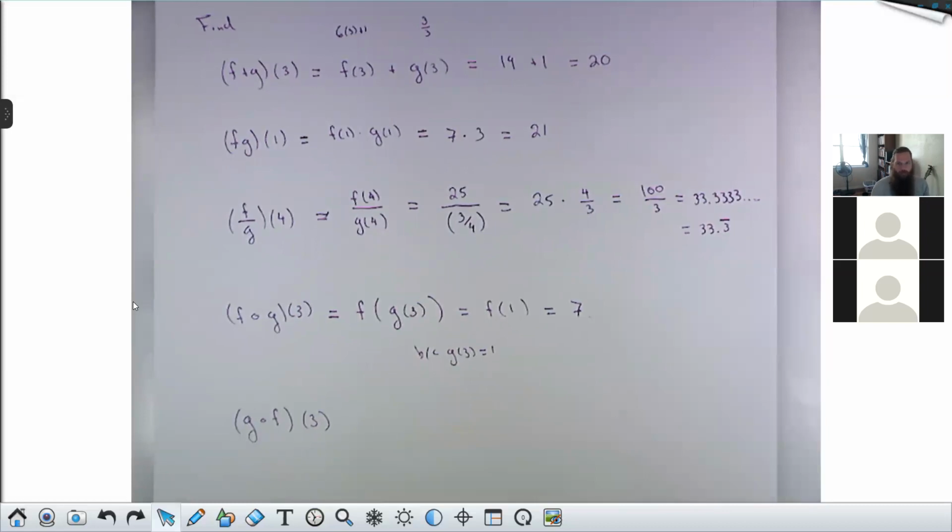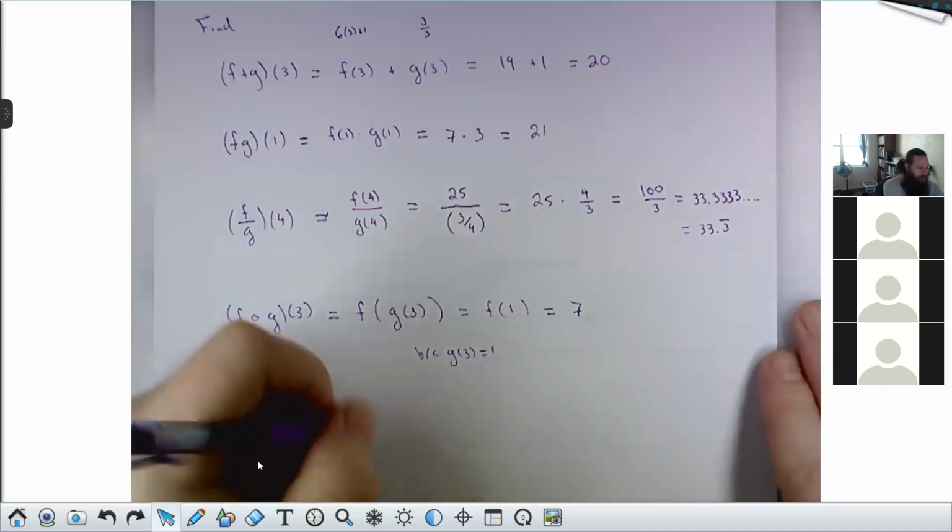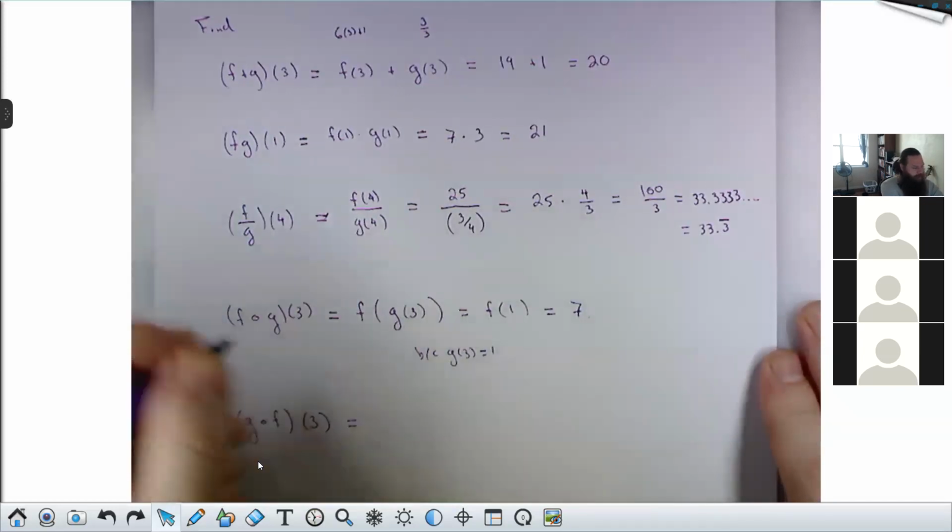Like 2 times 7 is the same as 7 times 2. Multiplication is commutative, addition is commutative, division is actually not commutative, meaning if you swap the numbers around in a fraction, you don't get the same thing. But what about function composition? Do we expect g of f of 3 to be the same as f of g of 3? No. Yeah, in general, function composition is not commutative, meaning when you change the order, we expect things to not necessarily stay the same. Let's see what we get.